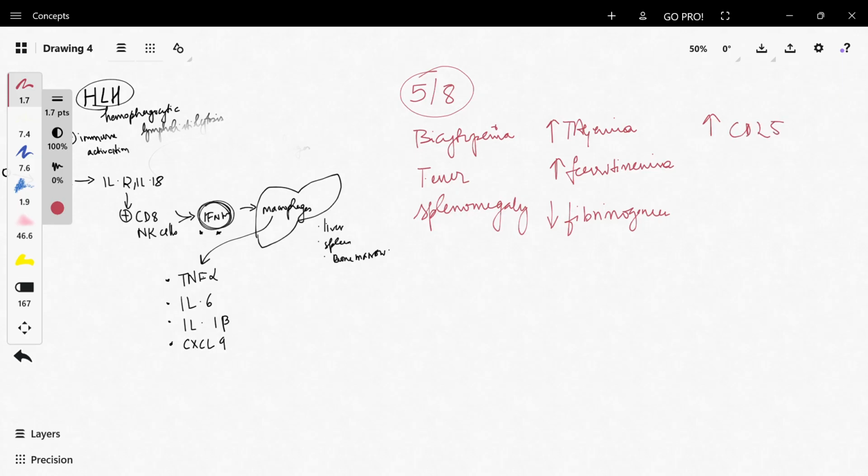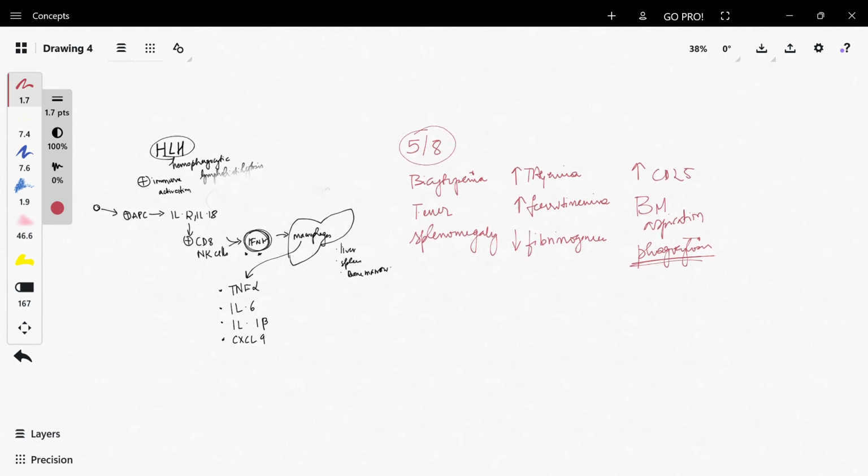I will tell you more about it soon. And then there is the bone marrow aspirate, which shows phagocytosis, and that's kind of where the name comes from.